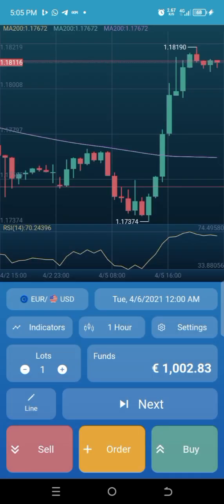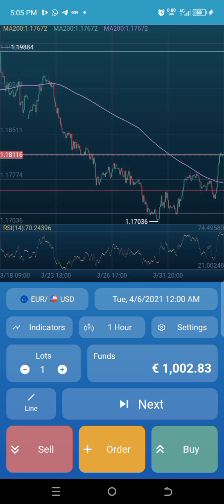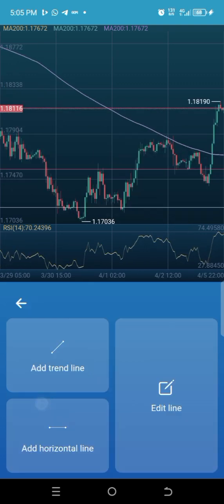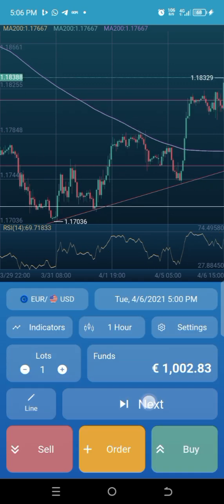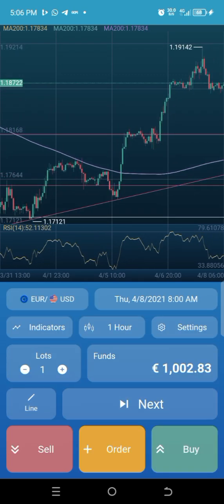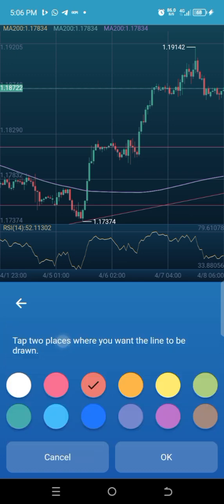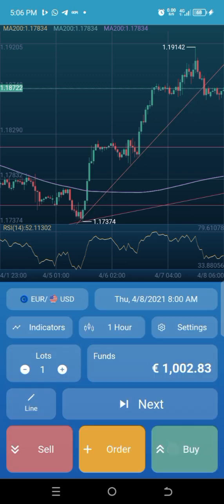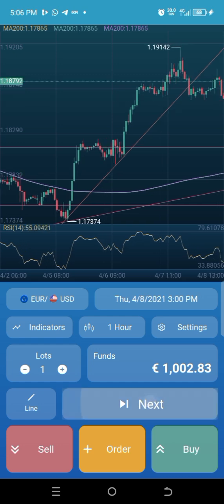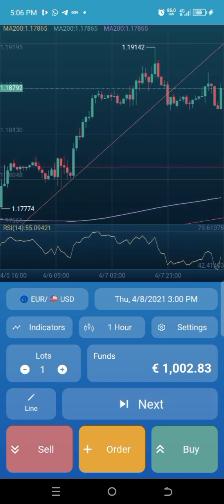Little analysis. Try to draw a trend line which is here. Let's wait for what price will do. As if price is forming another trend line. Let's try to draw it here. It looks like it is breaking sideways.